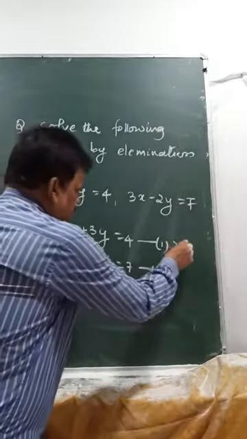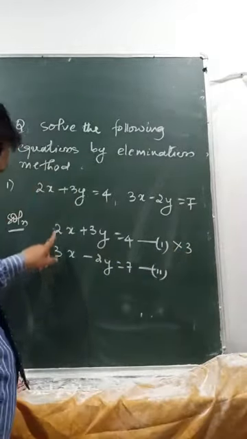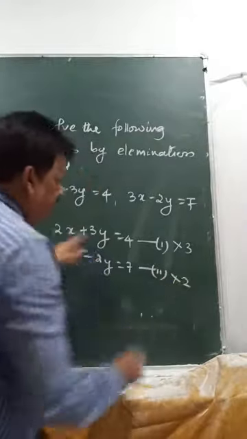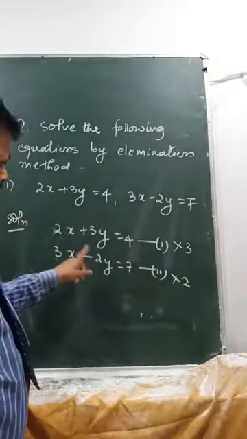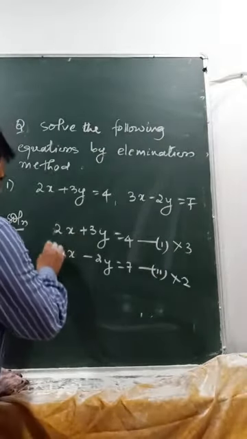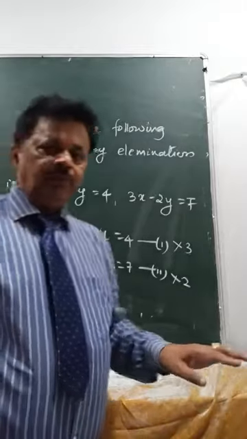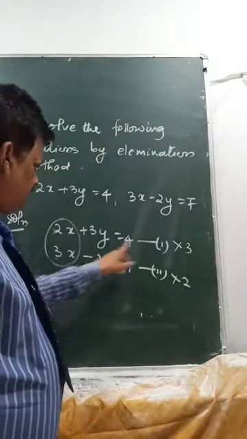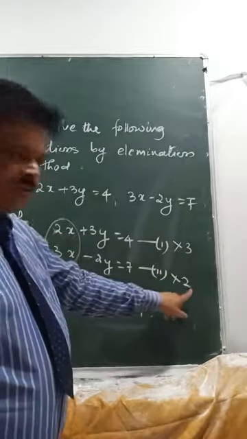Do a cross multiplication: 3 you multiply here, 2 you multiply here, because 3 times 2 is 6, and 2 times 3 is 6 also. Very simple way to remember.